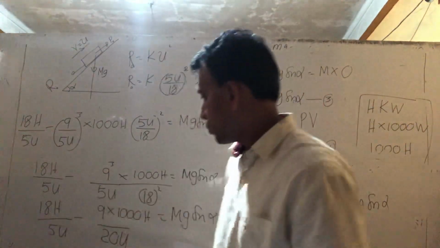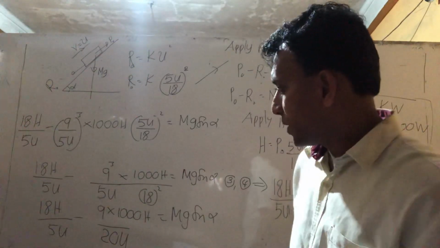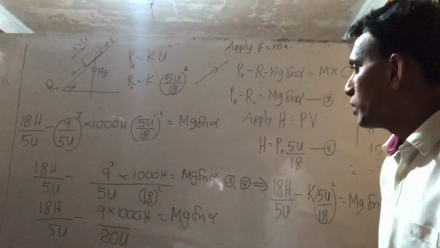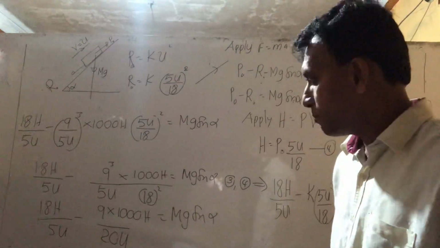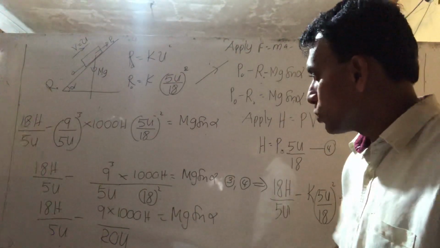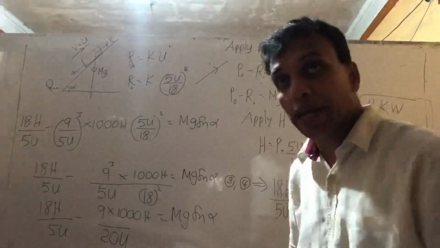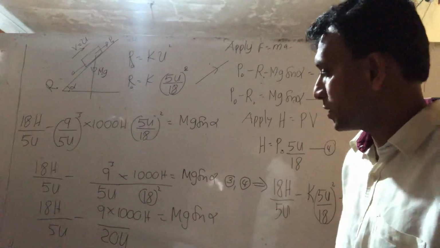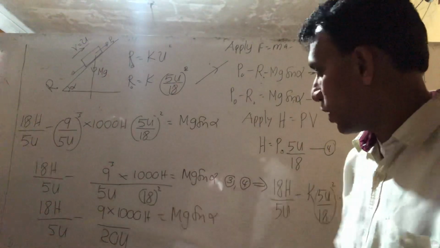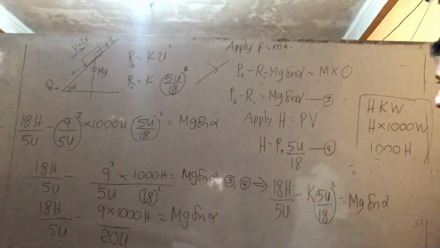Therefore 72 minus 9, that is 63. Check 63 over 20u into mg sin alpha. So 1000 h convert to kW, it becomes the answer in kW. So rearrange, get the h value just there, right?